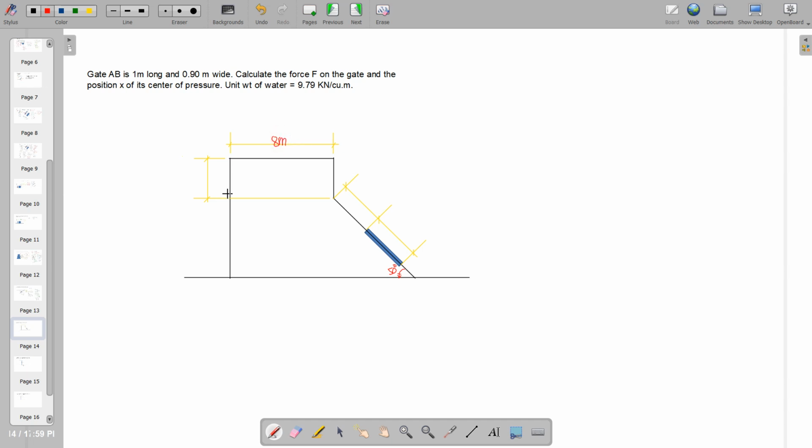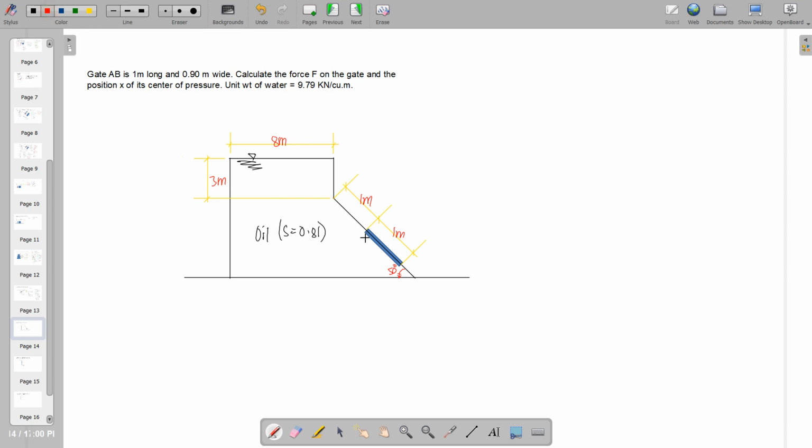So this is 8 meters, 3 meters, 1 meter, 1 meter, and the intervening liquid here is actually oil with S of 0.81, and this is full of oil up to this point.